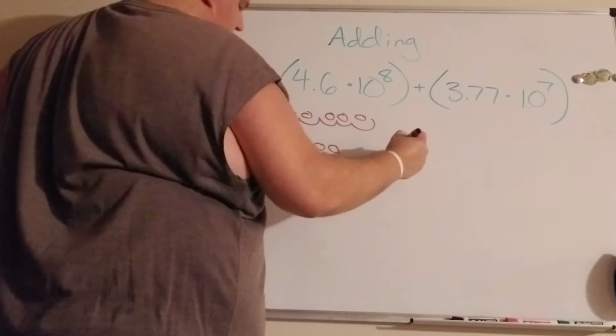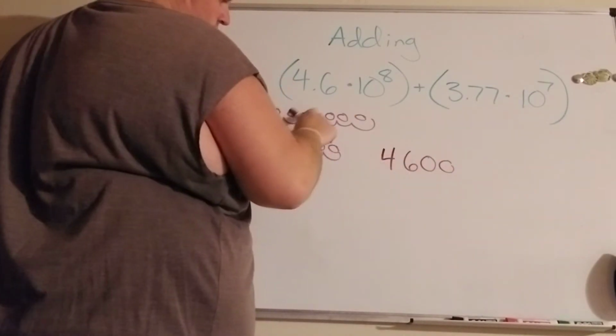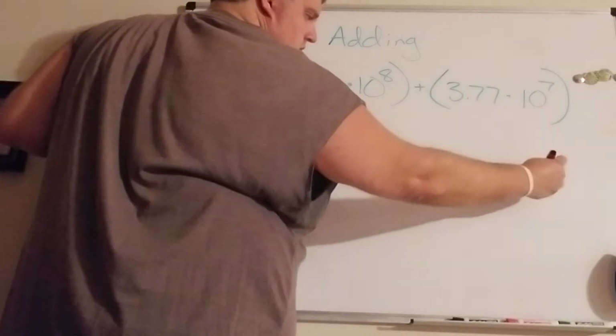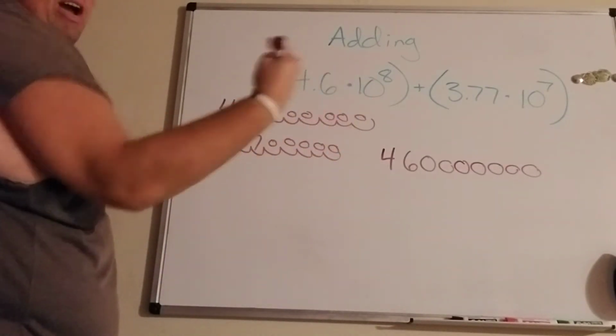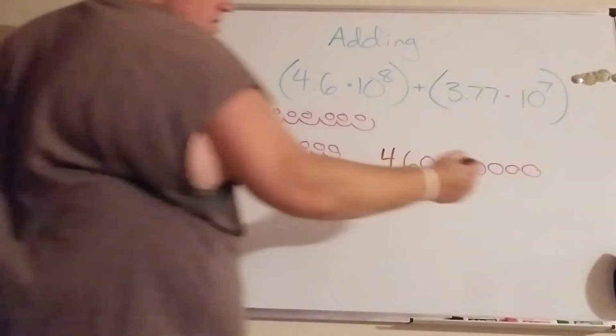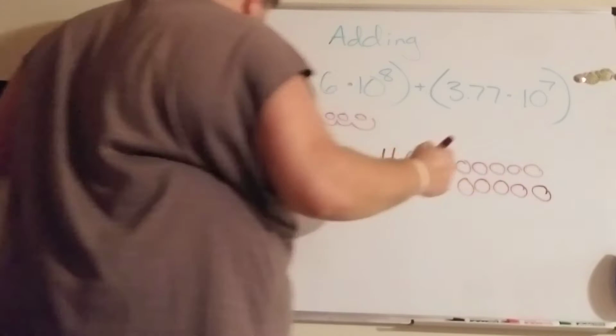So when I write this number out, 1, 2, 7 zeros, I have to line this one up underneath it on the right side, right? So this is 1, 2, 3, 4, 5. 1, 2, 3, 5.